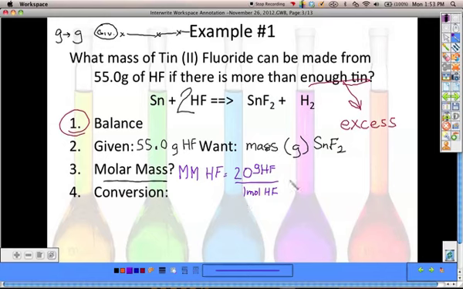I have to do the same thing with my tin 2 fluoride, so I need the molar mass of SnF2. Look at your periodic table. When somebody has it, let me know.